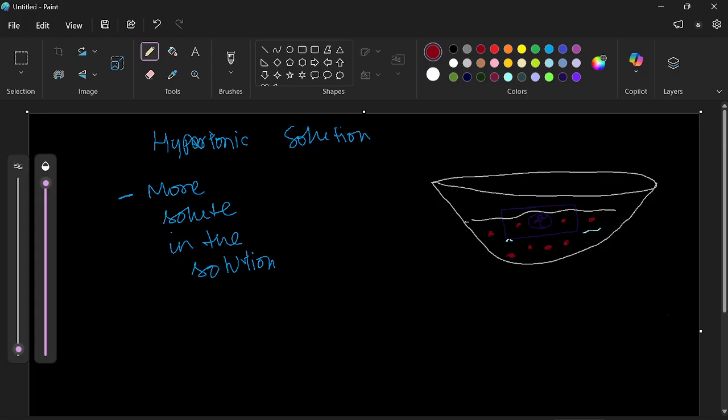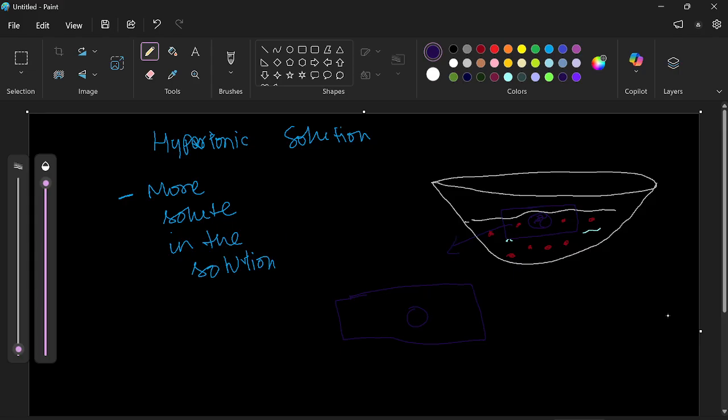The cell also has a lot of water. So what will happen? Let me show it in a bigger version here. This is the same cell.